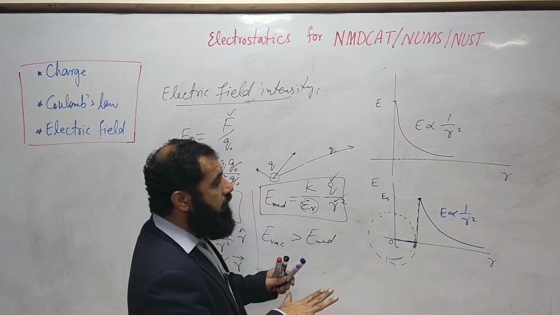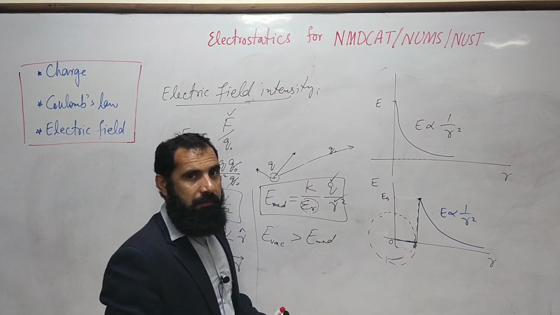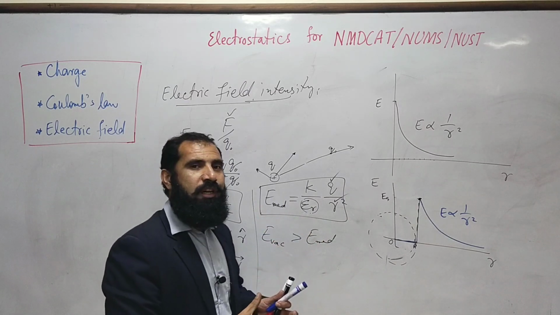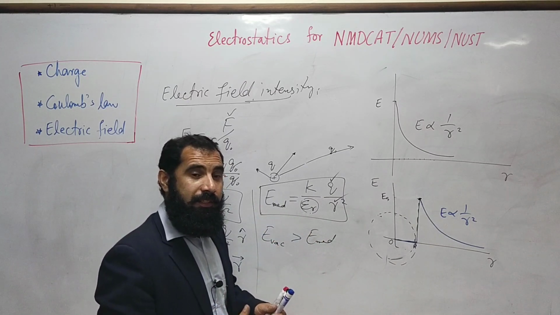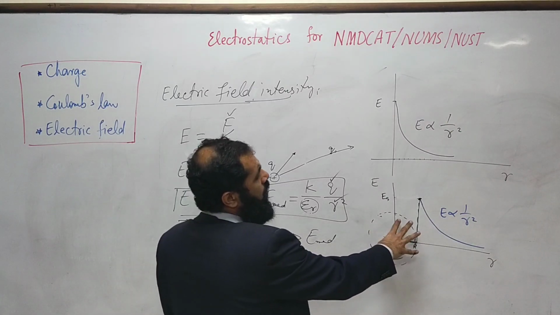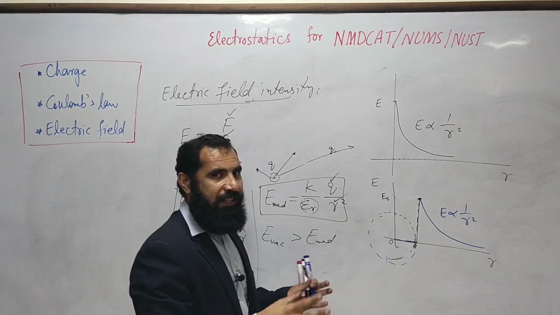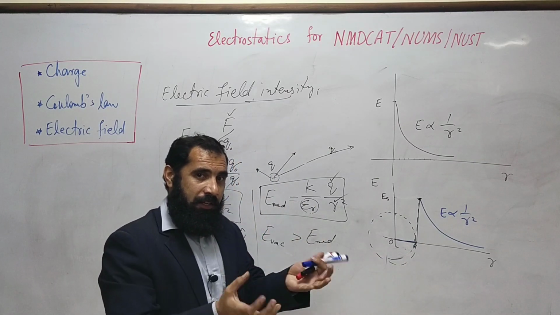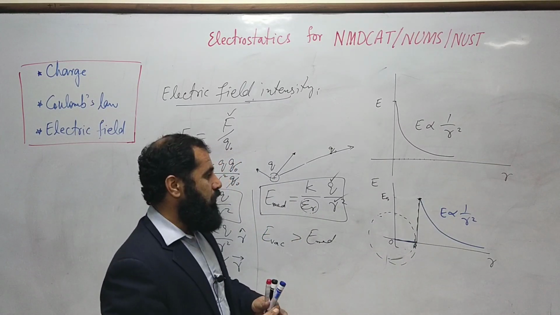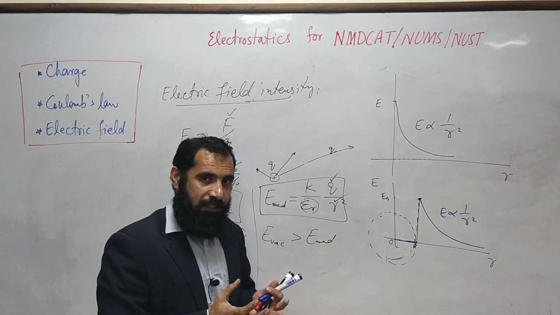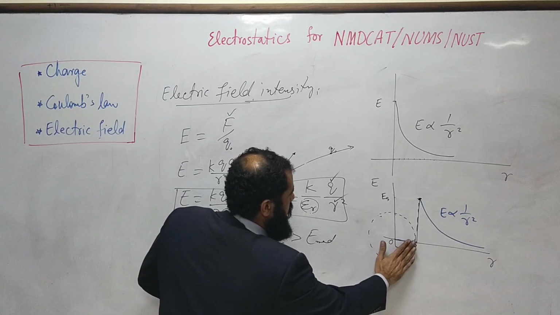And if it is some charged sphere or some three-dimensional distribution of charges, then for a conducting sphere, all the charges spread at the surface, so no excess charge inside that conducting sphere, so the field is 0.